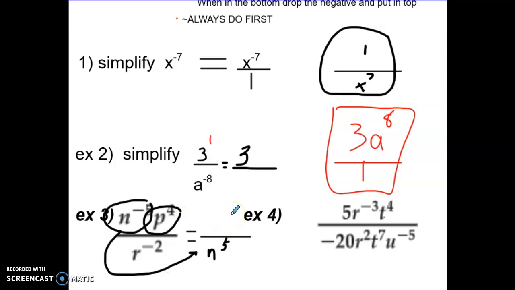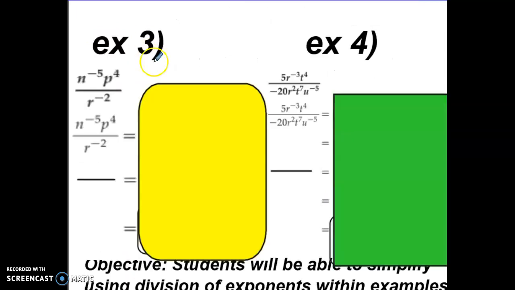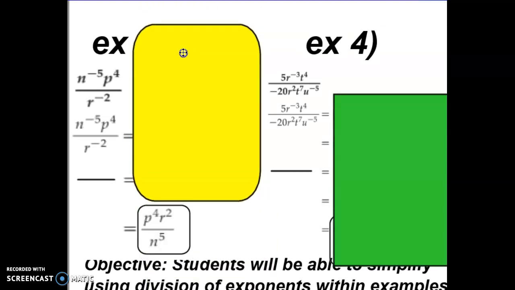Do we have to put it in the bottom? And the answer is it's positive. We leave it alone. We put it into the top. And then r to the negative 4, do we leave it in the denominator or do we put it up to the numerator? So the final answer, let's take a look. The final answer is p to the 4th, r to the 2nd, all over n to the 5th.